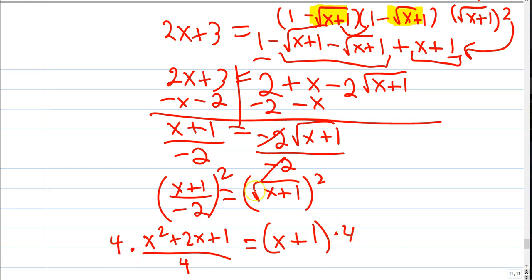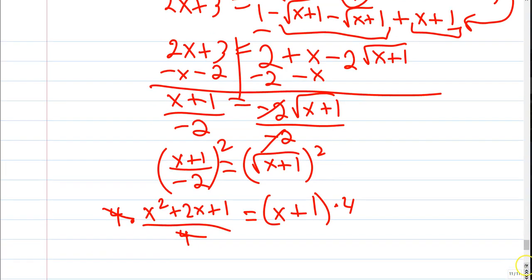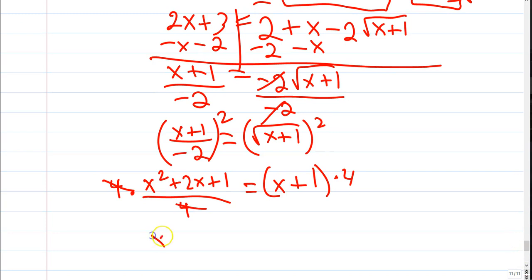I would have just left the 2 there and squared it and got that 4, but I find that students do better when you get that kind of out of the way, and then we can just bring it back up. So what do we have now? We're almost done, I promise. X squared plus 2x plus 1 is equal to 4 times x plus 1. Distribute the 4. About 4x plus 4.